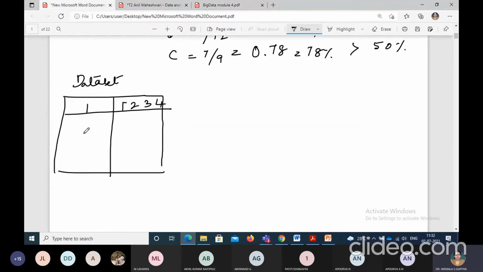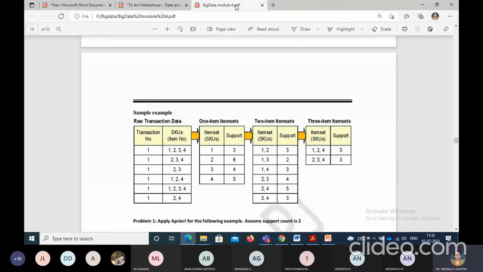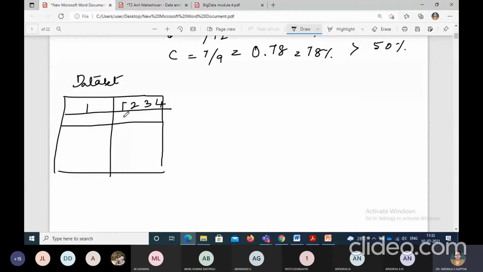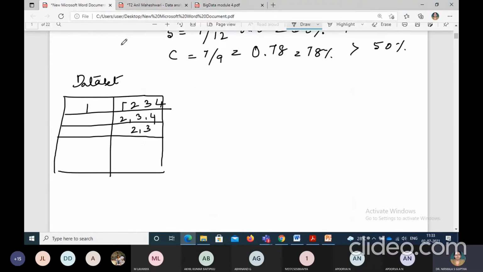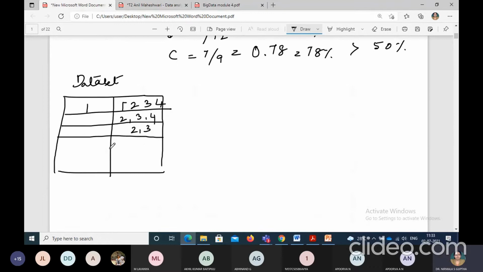Next is the second transaction: 2, 3, 4. This is my third transaction as the combination: 2, 3, 4. Then 1, 2, 4.